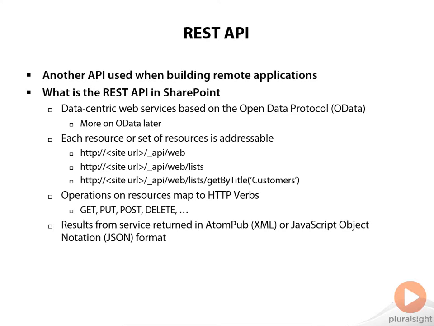So basically, the CRUD operations, or the different operations we can do on different resources, map to the different, and for some reason, I can never say this acronym correctly, so I'll say it very slowly, HTTP verbs. By default, information returned from the service will be in XML format, or more specifically in Atom Pub format. But we can also ask the service to send the response back in JSON format by changing the accept header we send with the request.